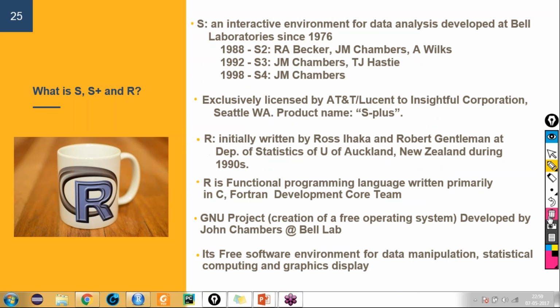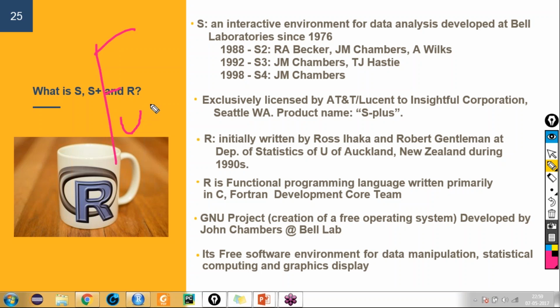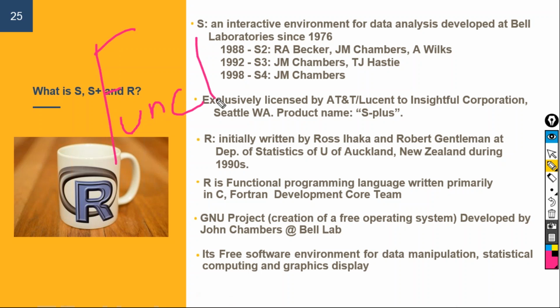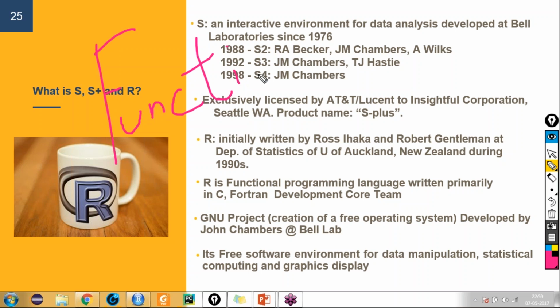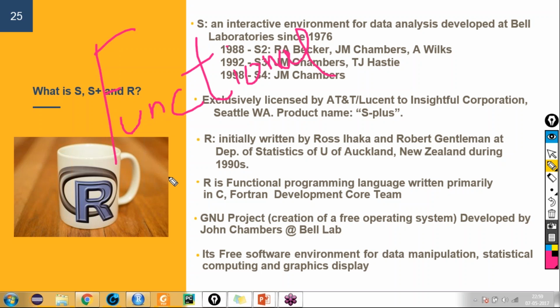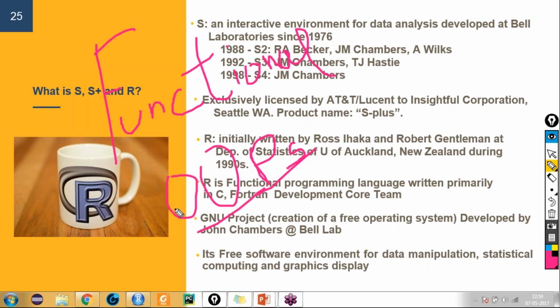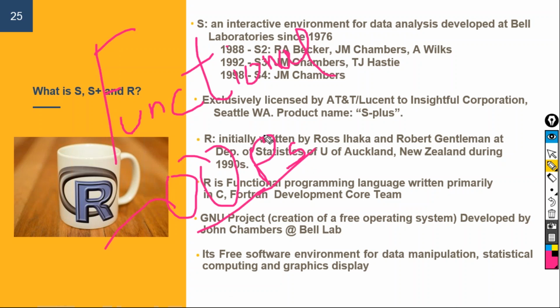Now we'll come to what R is basically, right? Every programming language has some sort of paradigm. Some are functional programming languages, based on functions, right? Some are object oriented, which is called OOPS, object oriented programming.